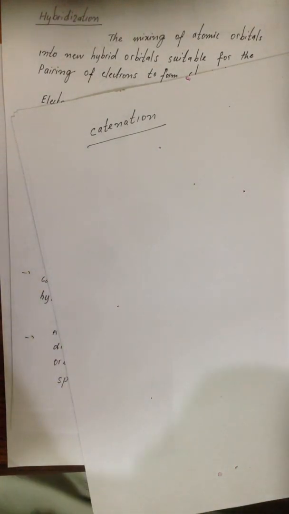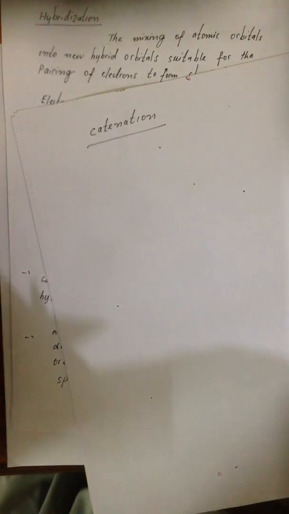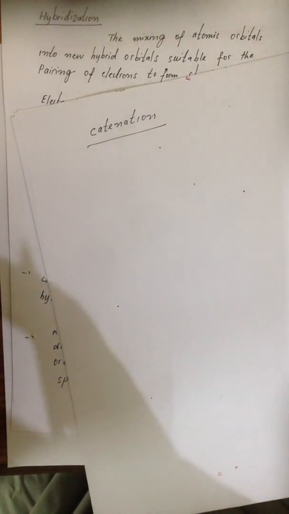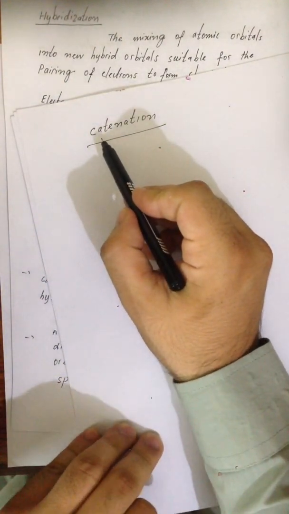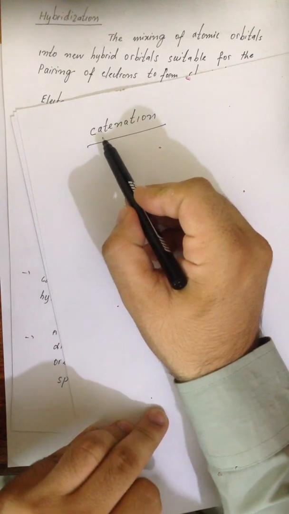Catenation is the property of carbon atom to form long chains. This is why there are so many organic compounds. They occur in the form of long chains. This property of carbon atoms is called catenation.